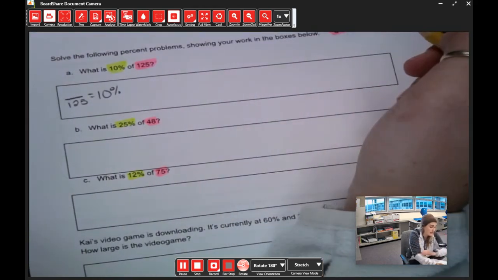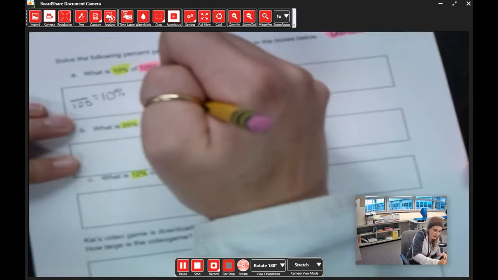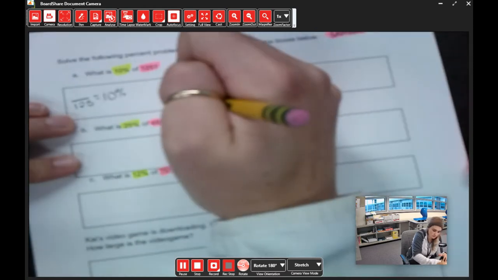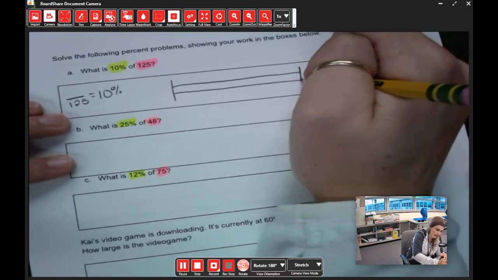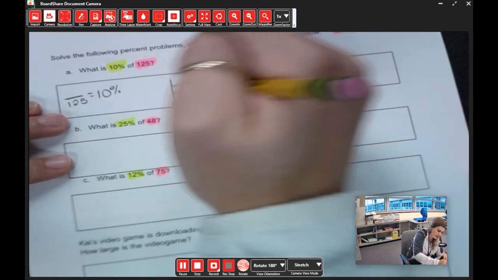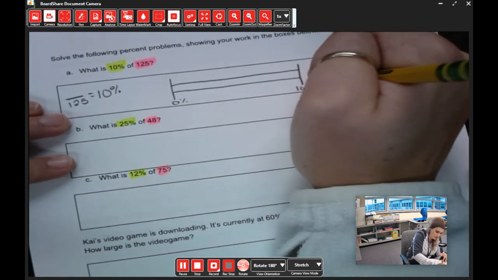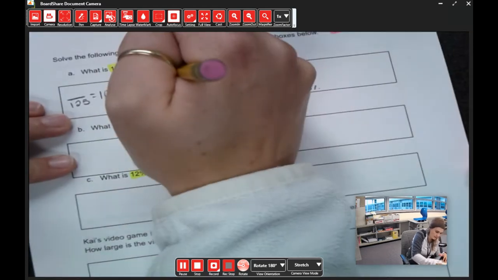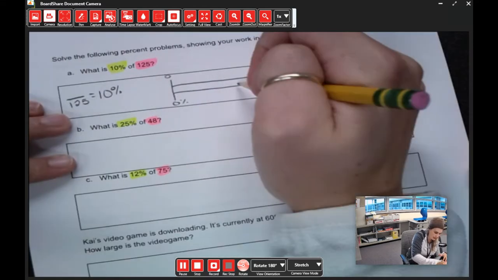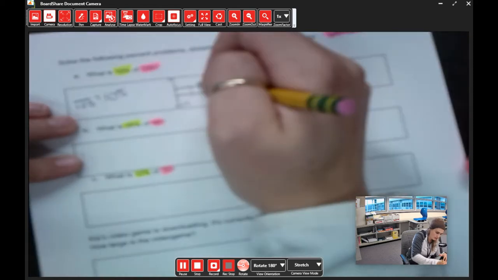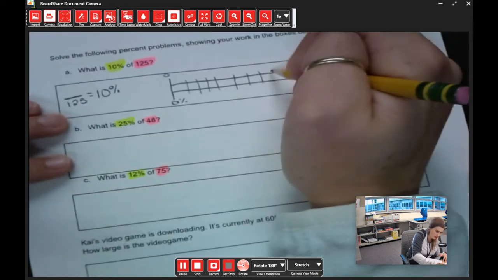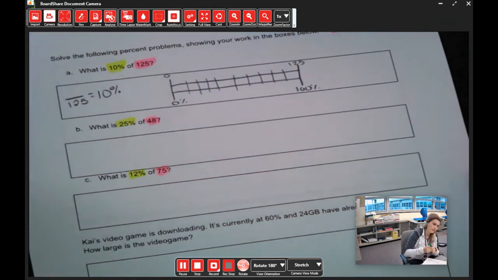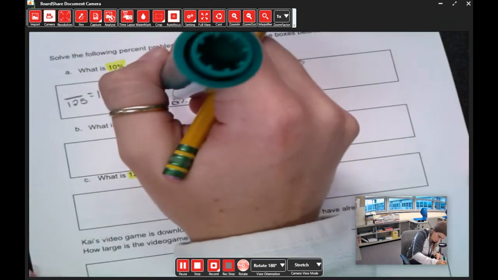10% is actually pretty easy, isn't it? This is one that we've practiced in school. I'm going to draw a diagram just so we have it. 0%, 100%, and our whole is 125. If I want 10%, 1, 2, 3, 4, I want this bit right here.